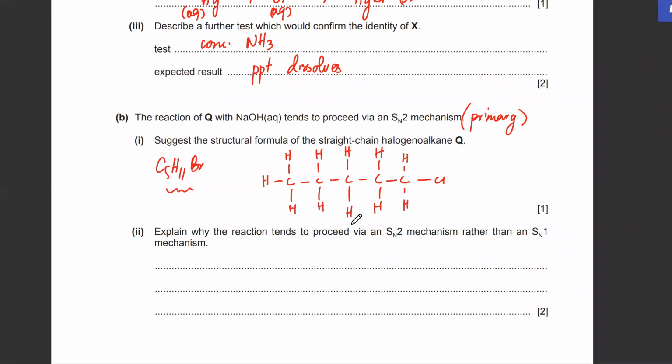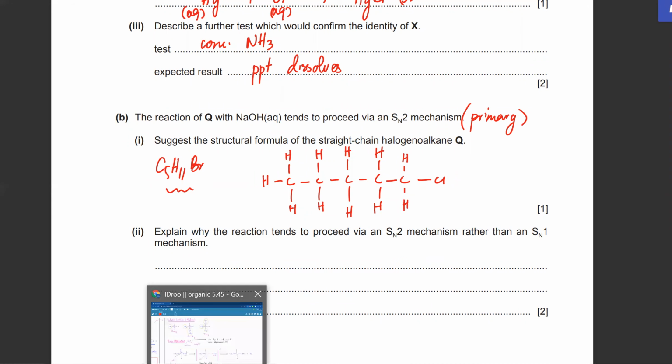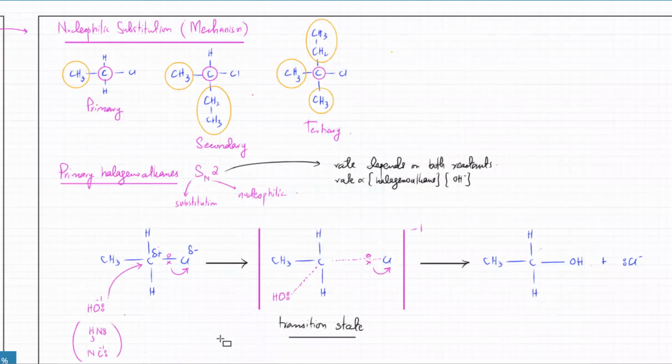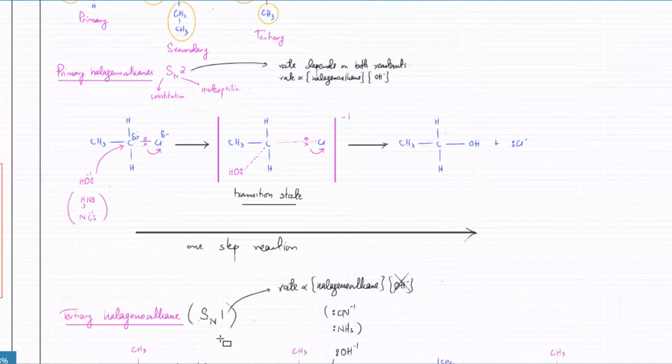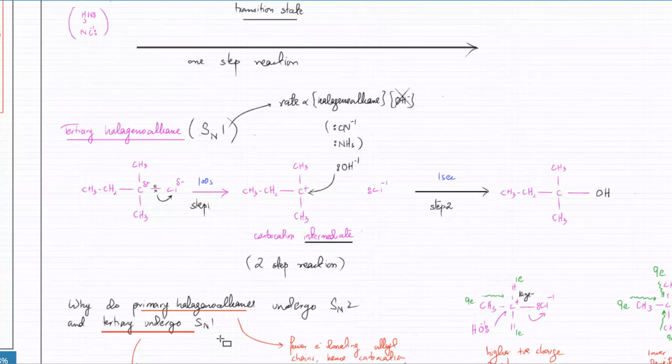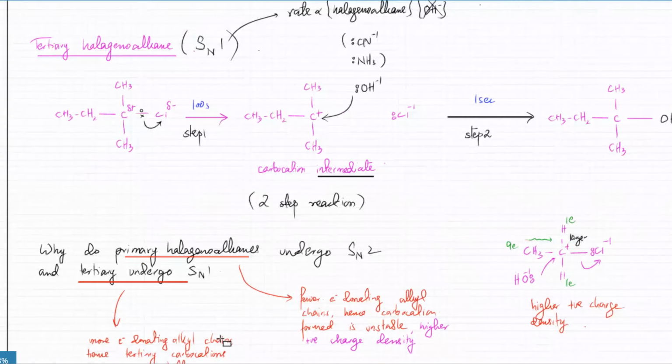Explain why the reaction tends to proceed by an Sn2 mechanism rather than an Sn1 mechanism. So that's the next question. Now, the answer to that was also discussed. For tertiary halogenoalkanes, the mechanism is, which one?